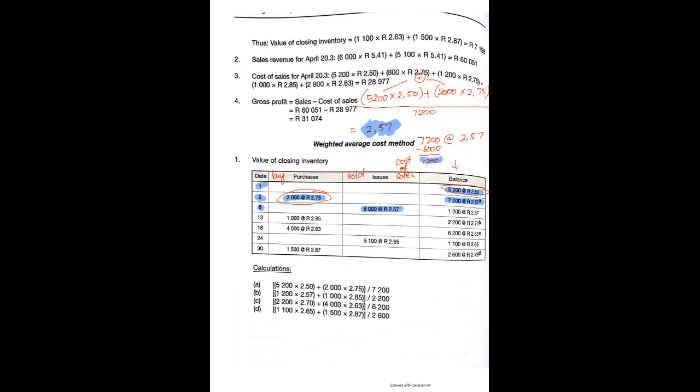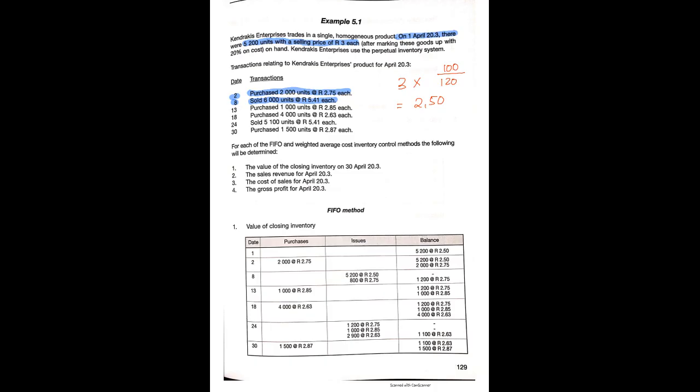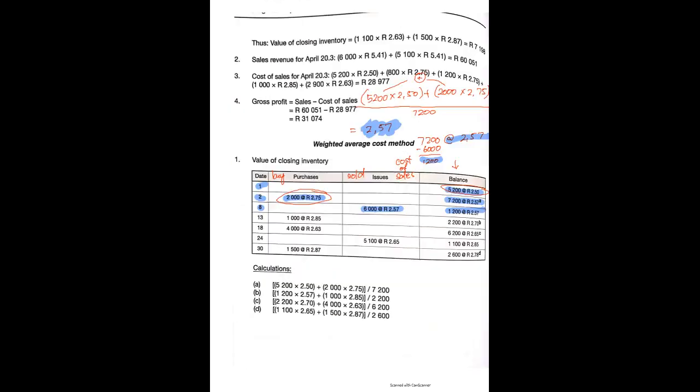Now we look at the next transaction, and it's going to continue in more or less the same way. On the 13th, you purchased 1,000 units at 2 Rand 85. So you're going to go to the purchases column on the 13th, 1,000 at 2 Rand 85. The only thing that's going to change is your balance column, because there you work out a new weighted price.